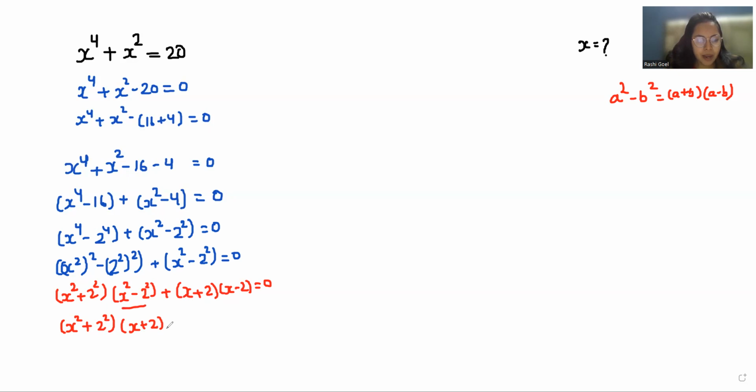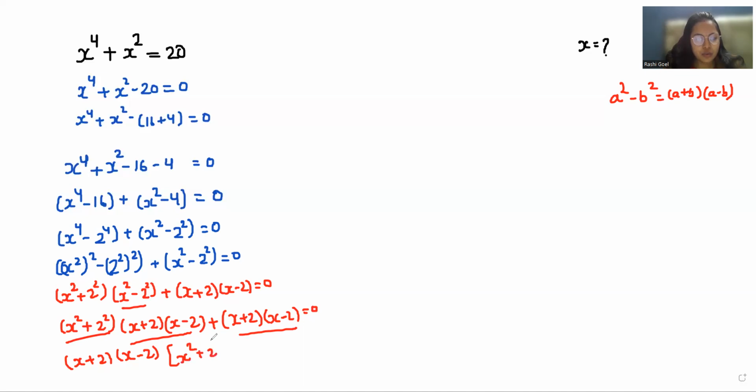In this case I apply this identity, x minus 2, plus the rest of terms x plus 2 times x minus 2. Now here and here this is common, so if I write this once, so what is left? This x square plus 2 square plus this common 1 is equals to 0.